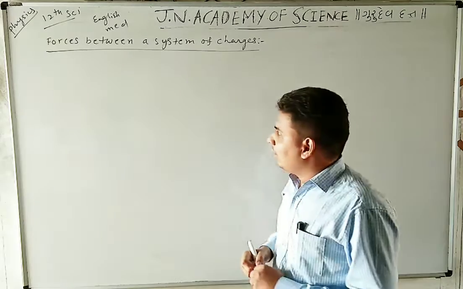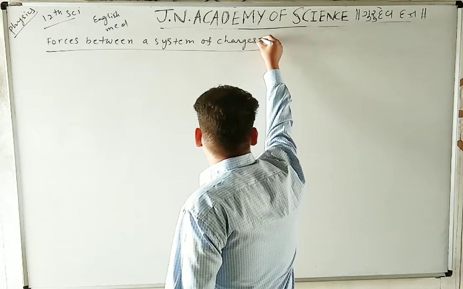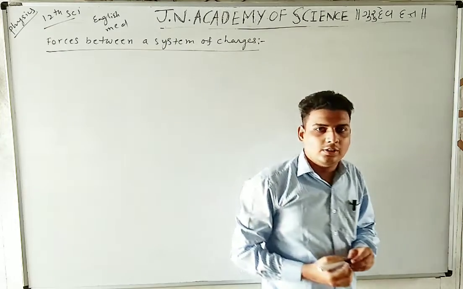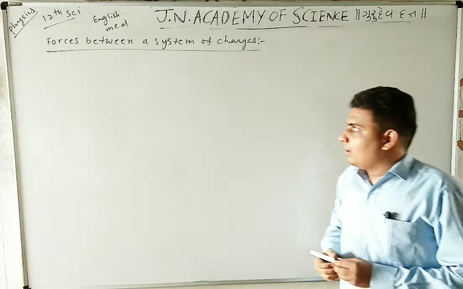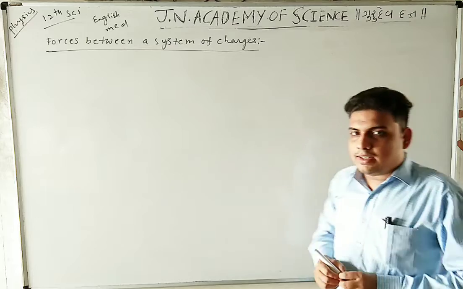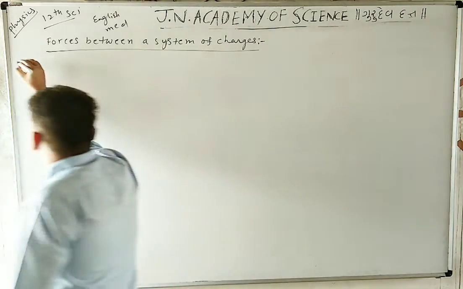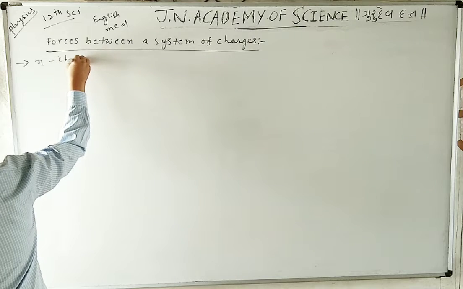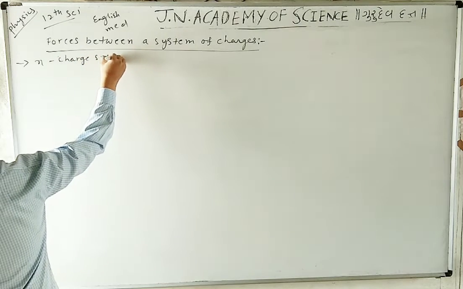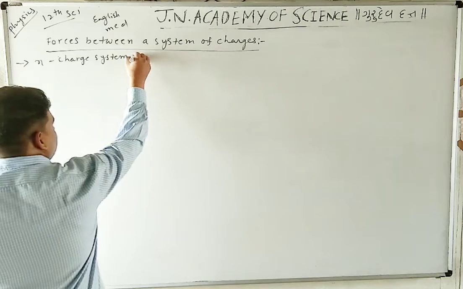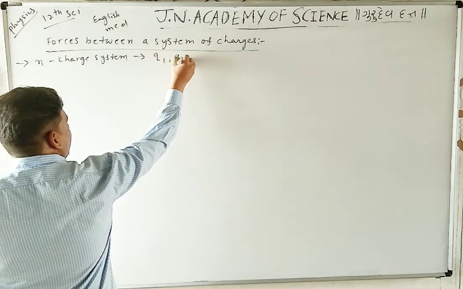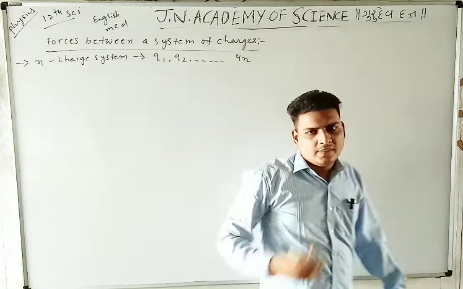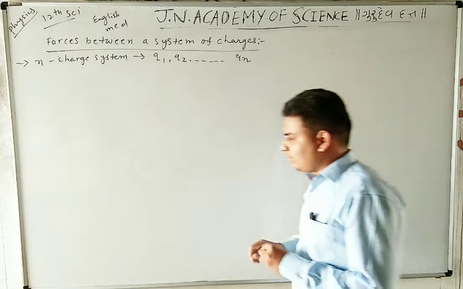Okay, so Coulomb's law, basically in this law we are considering 2 point charges Q1 and Q2. But if we have so many charges, let us say you have an n charge system, so in this system you have so many charges Q1, Q2, Q3 and so on up to Qn.